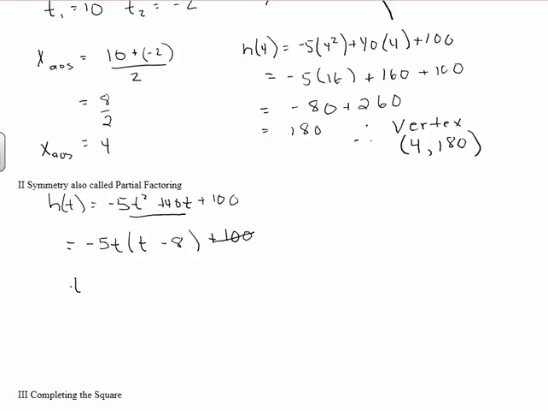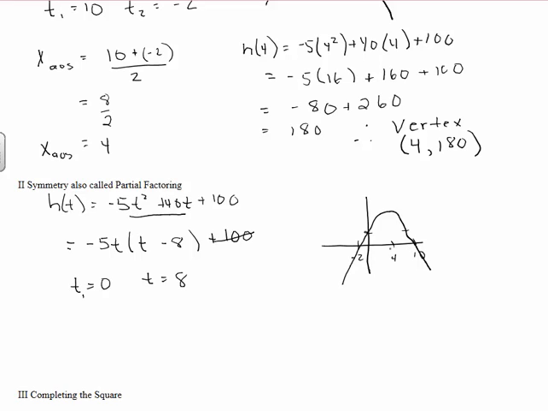So what I have here is my zeros, 2 symmetrical points of t on this graph, the first one being 0 and the second one being positive 8. On the graph that we saw earlier, which was at negative 2 and 10 and opened down, with a vertex at 4, we now have 0 and 8, which are 2 symmetrical points.